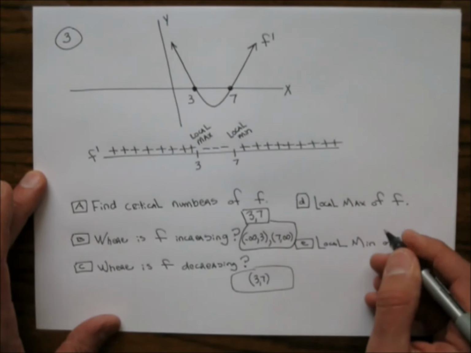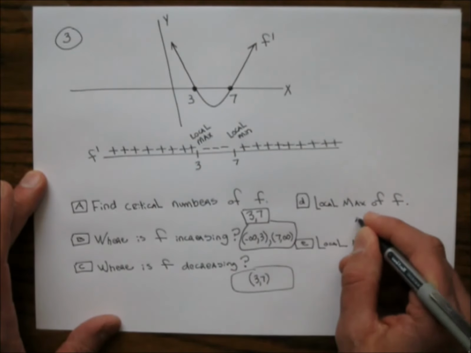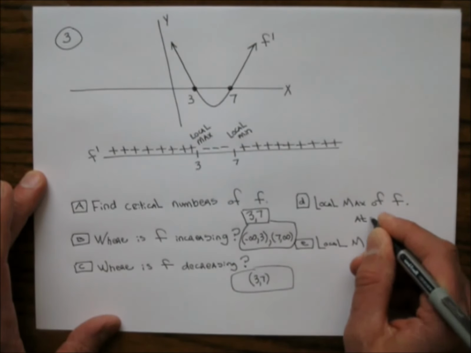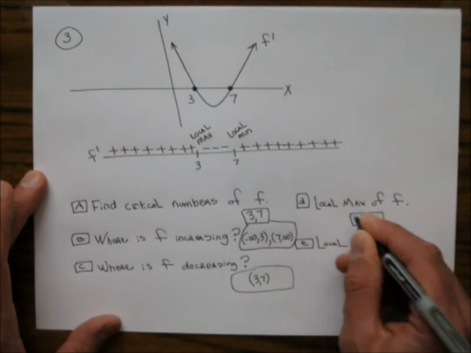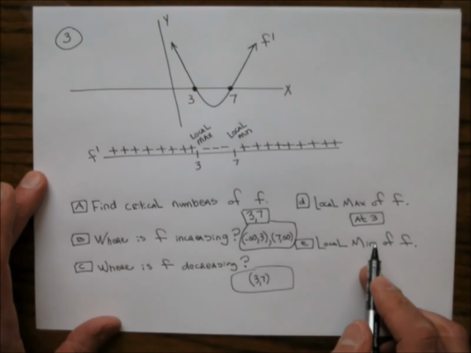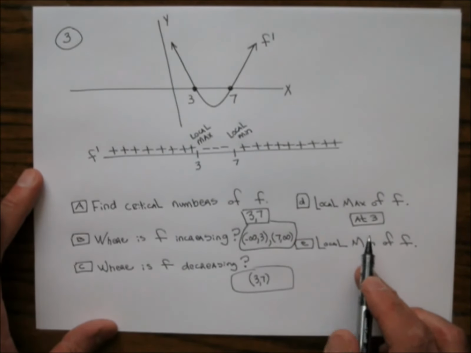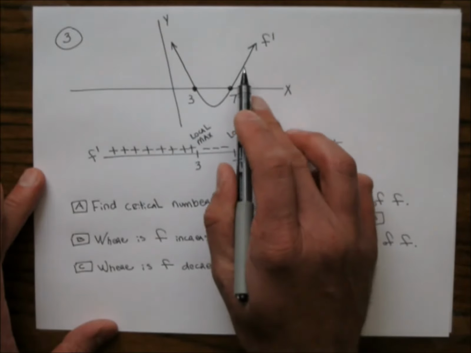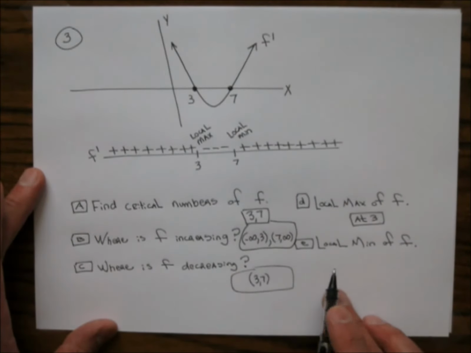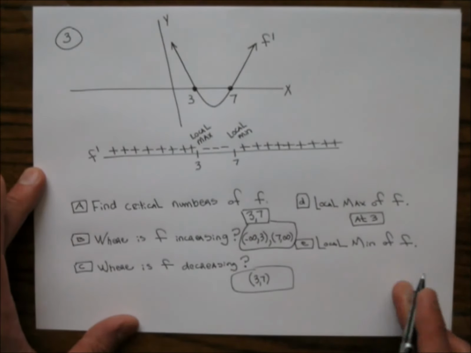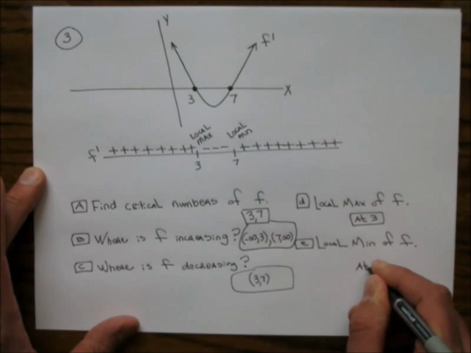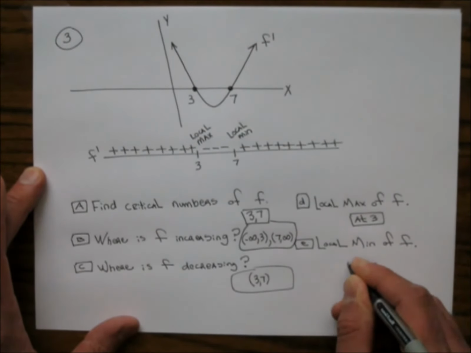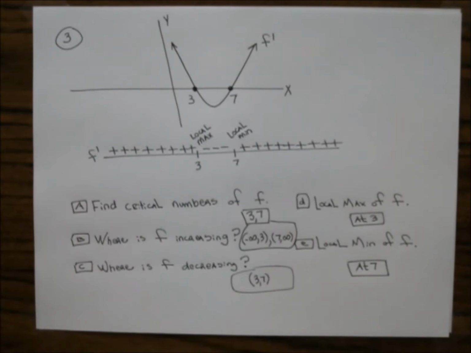So the local max of f is at x equals 3. I'll just say the location because it doesn't tell me what the max value is. This is just the derivative graph. The local min of f is at 7. So that completes problem number 3.